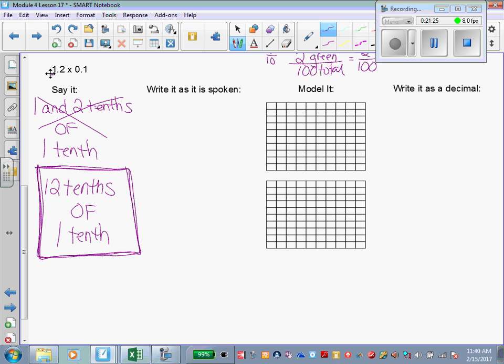All right, so how could I now write 12 tenths as I just said it? I'm calling somebody who hasn't been called on very much. Brooklyn. Good. 12 over 10. Finish out that problem. So we got the 12 tenths of 1 tenth.